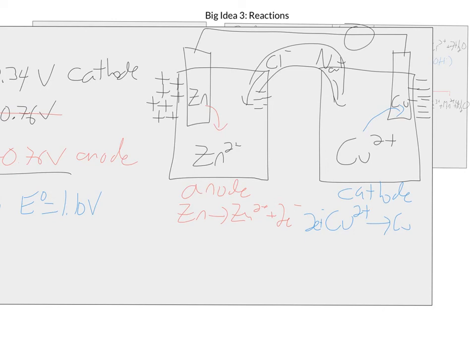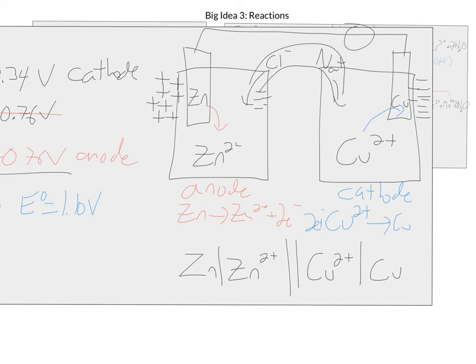We want to be able to write this in cell notation or line notation as well. So we would have zinc on the anode, a phase boundary, turning into zinc 2 plus. We always go reactants to products. So zinc solid is turning into zinc aqueous. Then I have a salt bridge, and then the copper 2 plus is turning into copper solid.